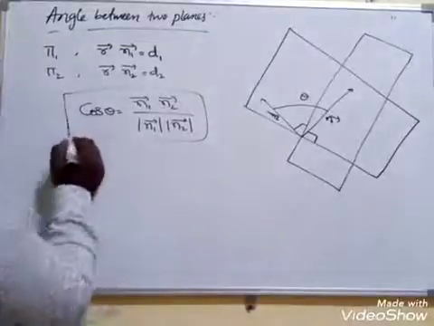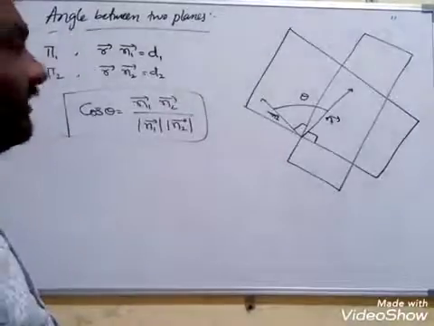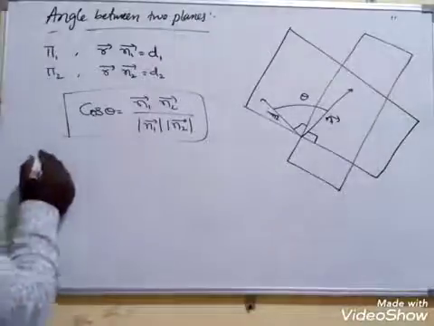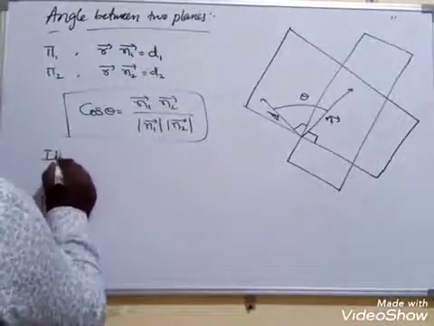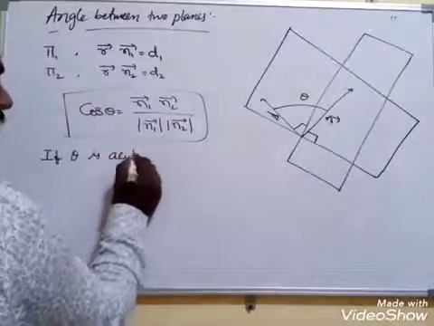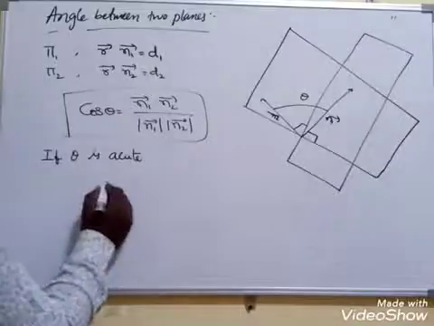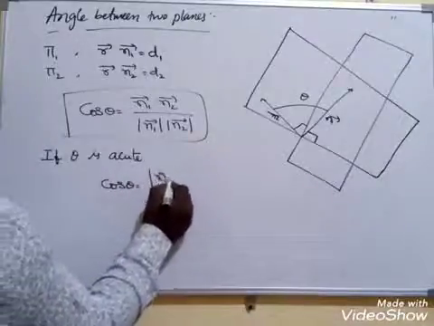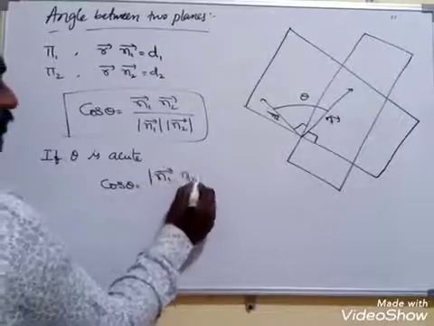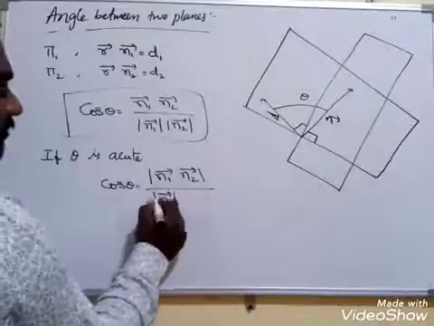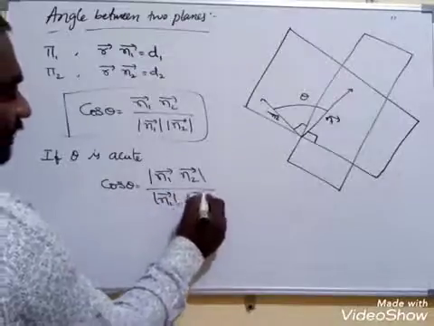Already we have defined the angle between two vectors; according to that formula, we determine this. Now, if theta is acute, then what will it be? If theta is acute, then cos theta is equal to modulus of n1 bar dot n2 bar by modulus of n1 bar modulus of n2 bar.